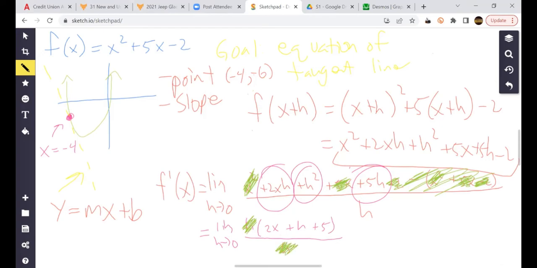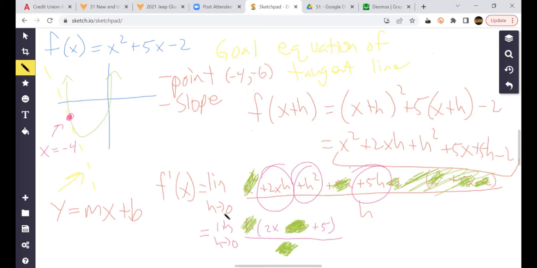And then when that happens, when the h in the bottom disappears, that is your cue to plug 0 into h, because h is supposed to get close to 0. So I plug 0 in for h into all the remaining h's, which is only this one. So if this goes to 0, it disappears.